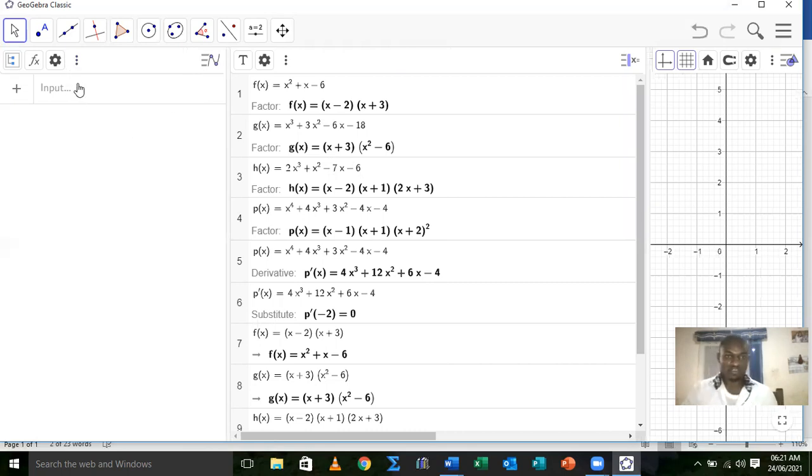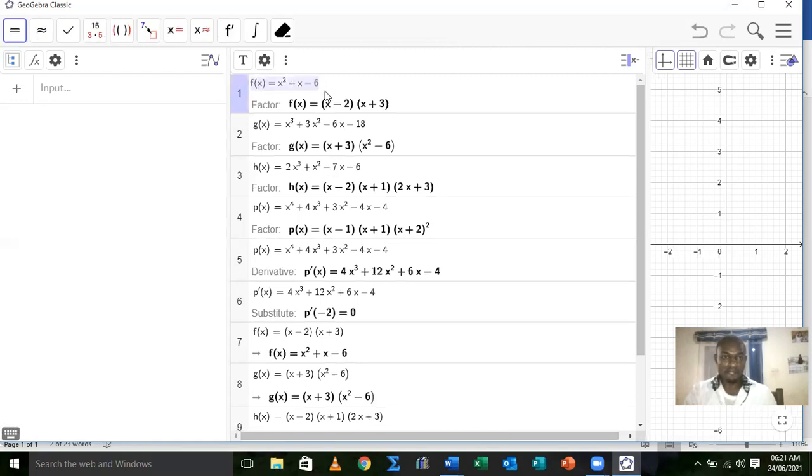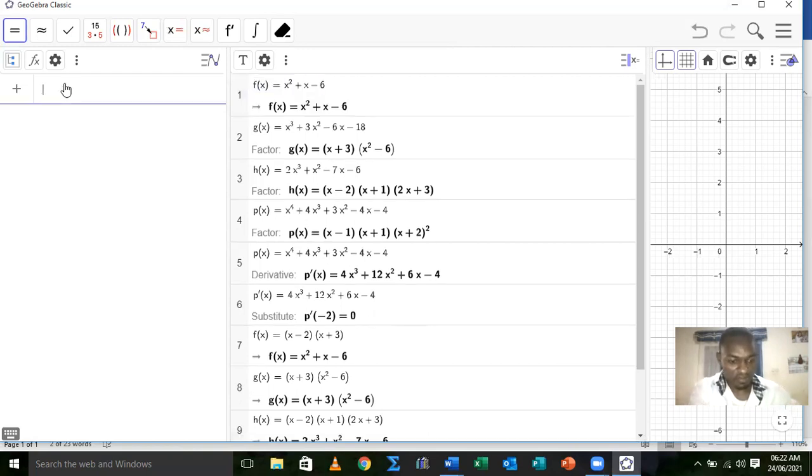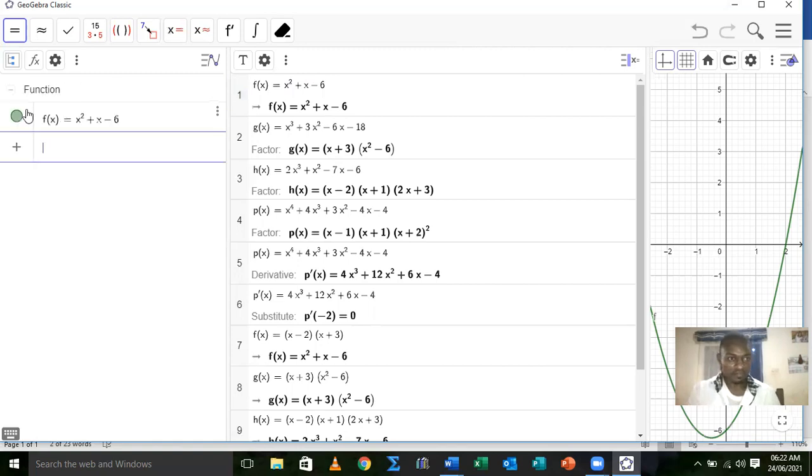Okay, please, with this graphic interface, we just simply need to put down each of these functions. The first one, we copy and we paste, enter.